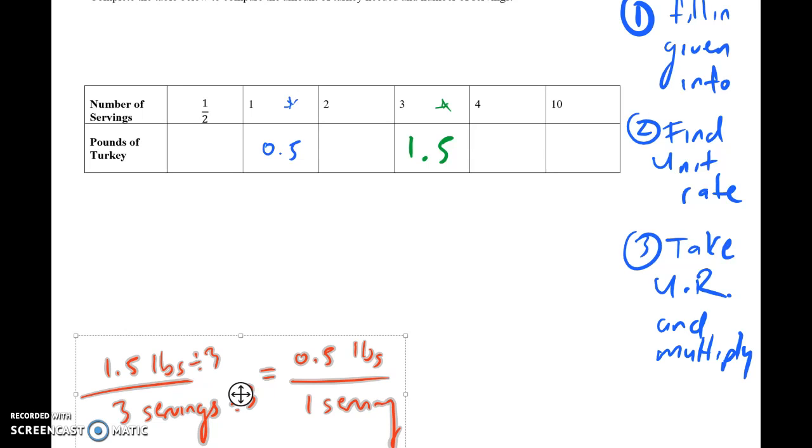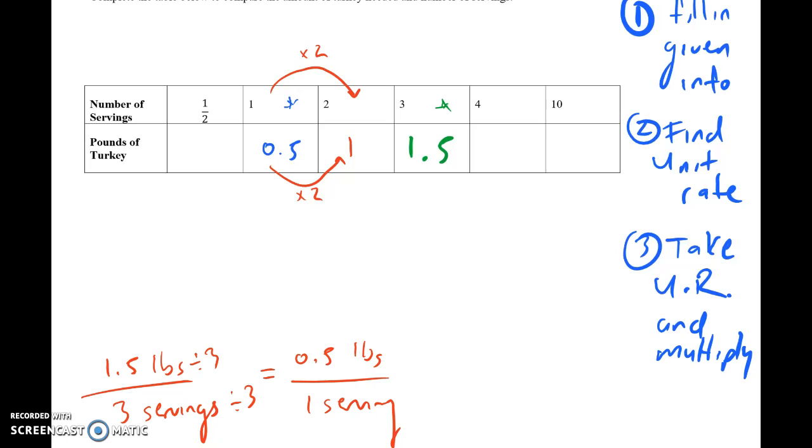So now we need to fill in for 2 servings. What do we have to multiply to 1 to get 2 servings? Well, 1 times 2 gives us 2. Therefore, we have to do the same thing on the bottom, right? So 0.5 times 2 is going to give us 1 pound.